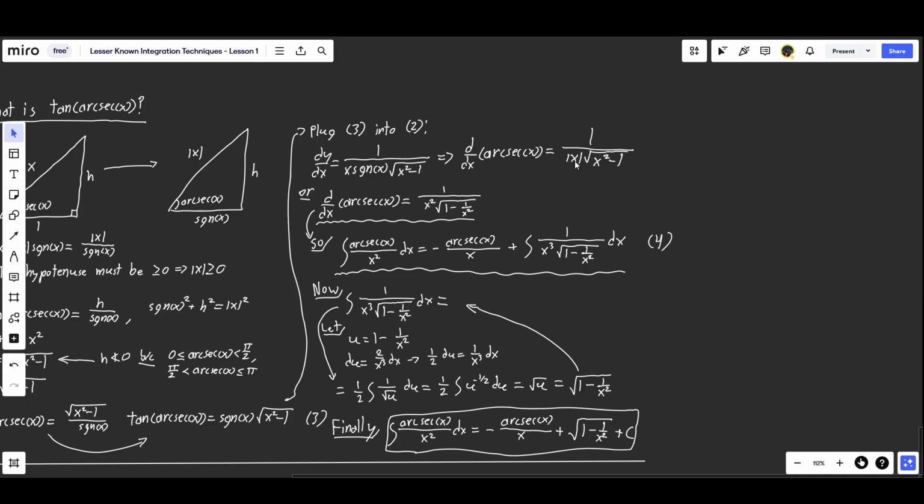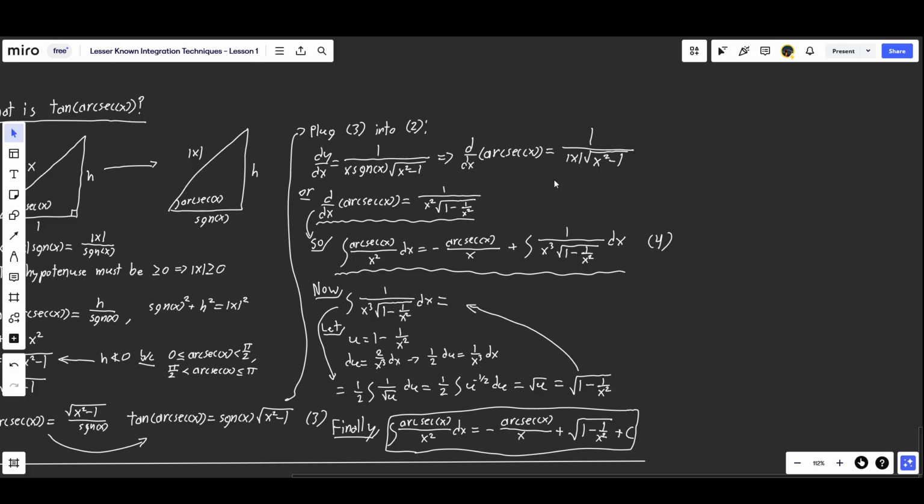Now, we should probably remove this absolute value of x because we still have an integral to solve, and having an absolute value will make the integral quite ugly. And we can do this by pulling out x squared in this other square root, and this will leave us with the absolute value of x times the square root of x squared times the square root of 1 minus 1 over x squared.